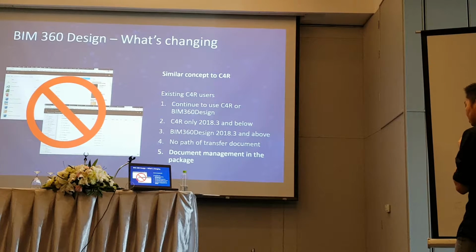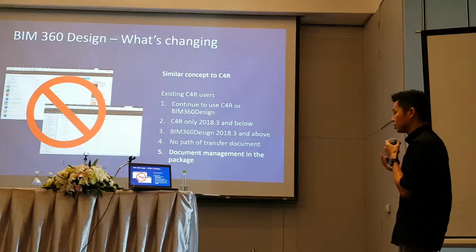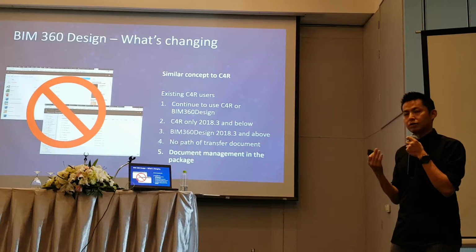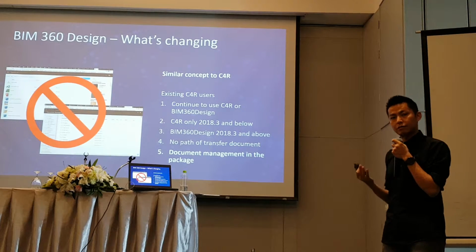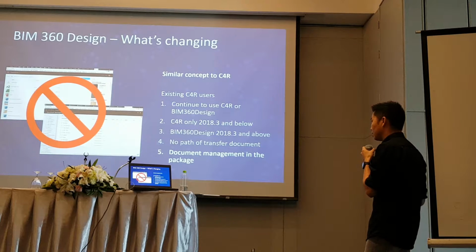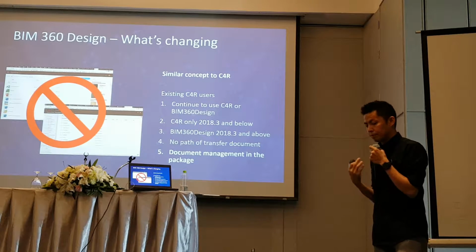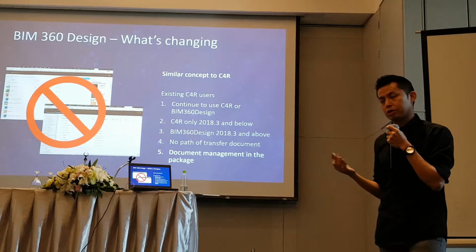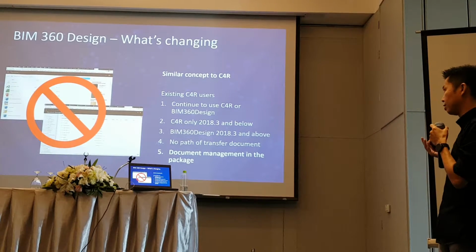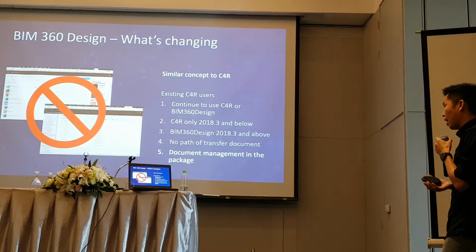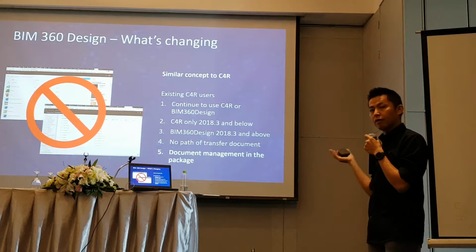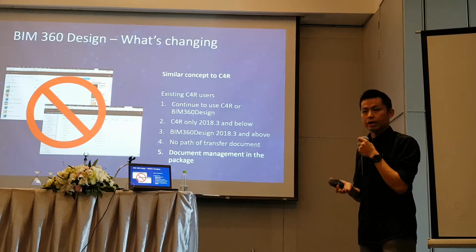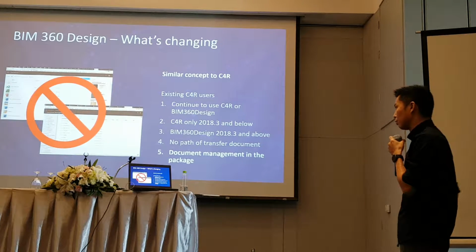But at the same time, they can have access to BIM 360 design. That means existing C4R customers will have C4R access and BIM 360 design access. BIM 360 design can be accessed through 2018.3 and onwards, which is 2019 and 2018.3. And for people to use the C4R, they can use 2018.3 and below, right? 18, 17, 16, and so on.